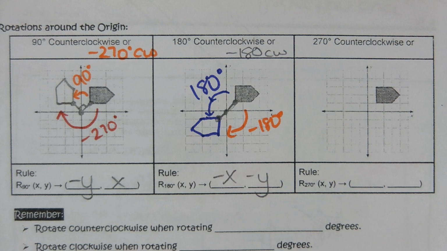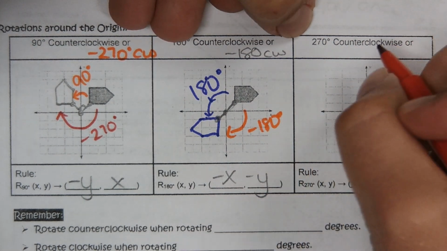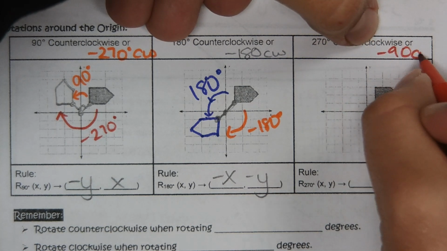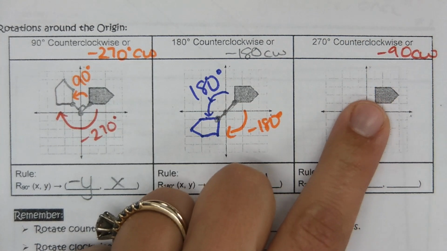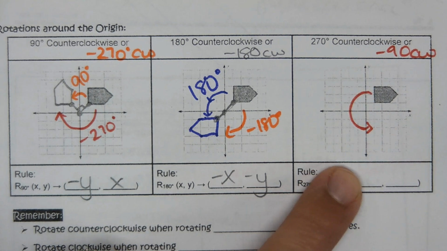Okay, and then the next one, 270 degrees counterclockwise or negative 90 degrees clockwise. So that would be like 3 turns. So it's going to land over here. And the orientation for this shape would look like this.